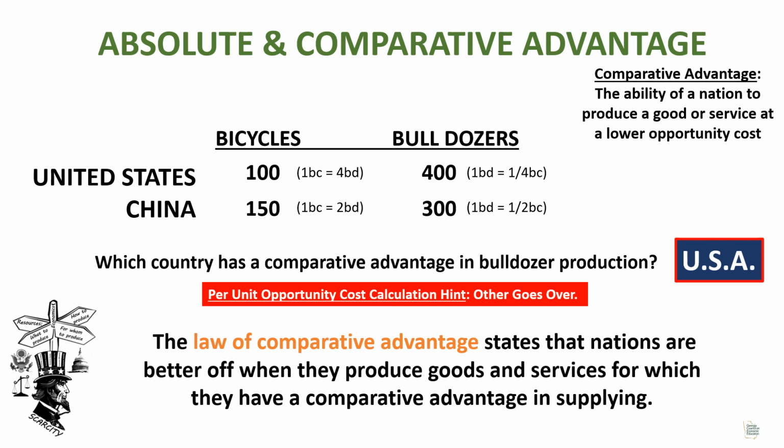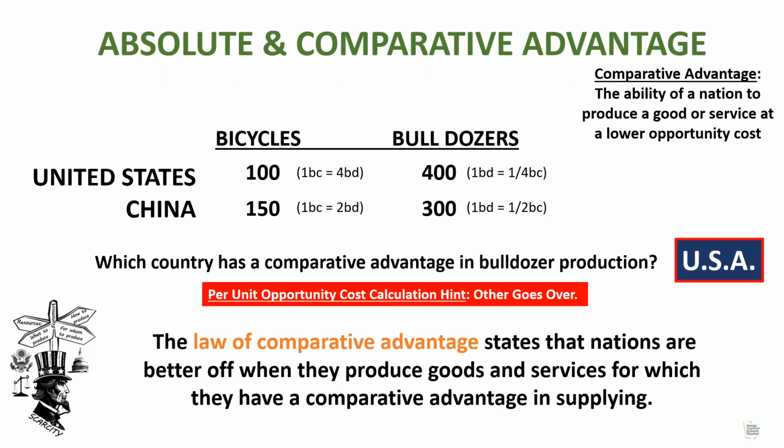The United States could make bicycles, but they're going to give up 4 bulldozers for every one bicycle. There's a pretty good chance that they're going to make more money selling bulldozers than bicycles. China, on the other hand, for every one bicycle gives up 2 bulldozers, but they give up a whole lot more when you're talking about for every one bulldozer, they give up 1/2 a bicycle.